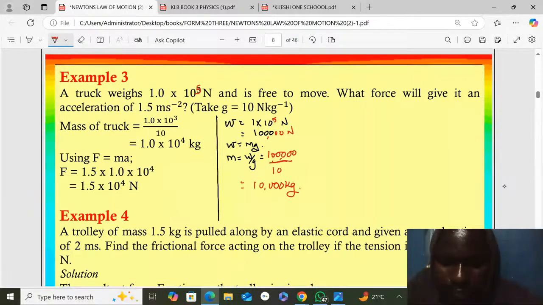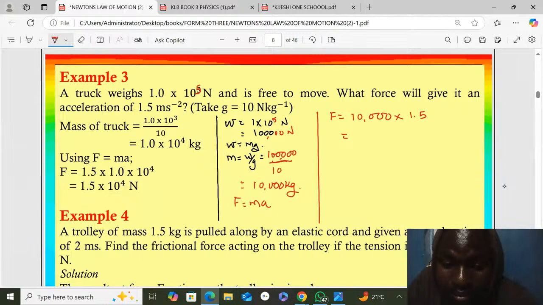So now we may proceed. From the formula, force is equal to ma. Remember, we are being asked what force. So we substitute, and this becomes force is equal to a mass of 10,000 times an acceleration of 1.5 meters per second squared.